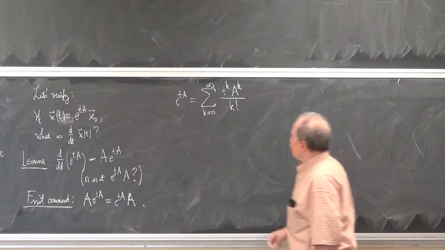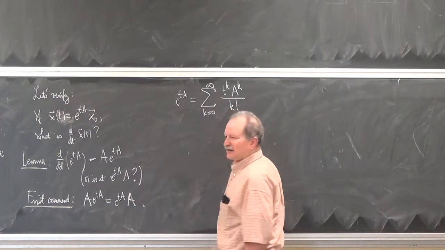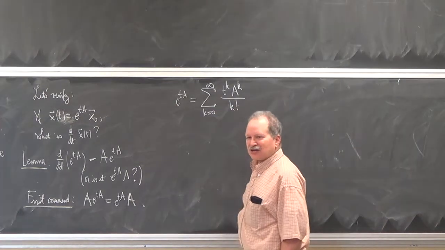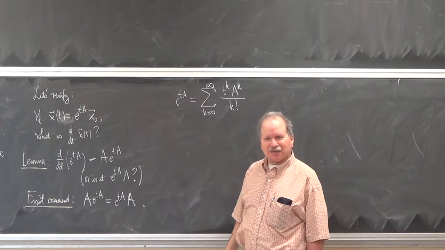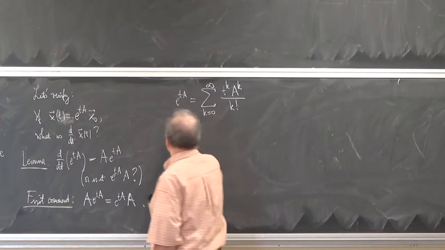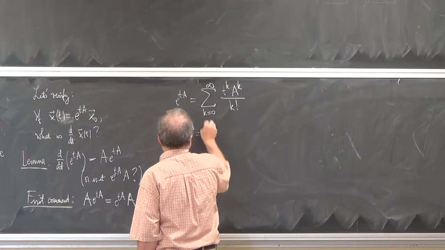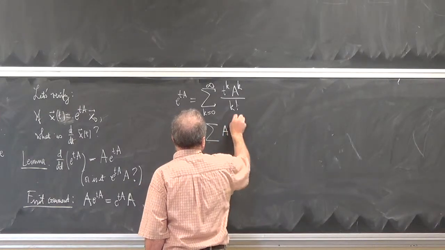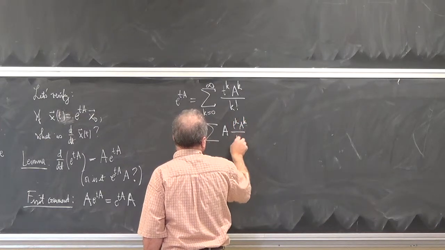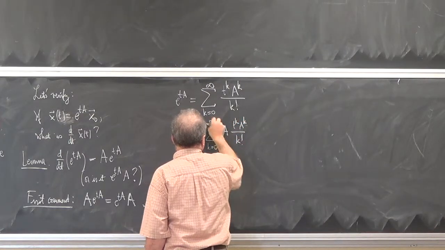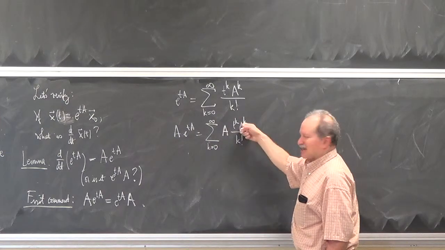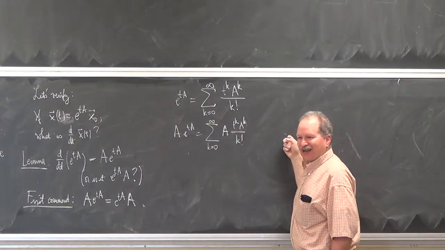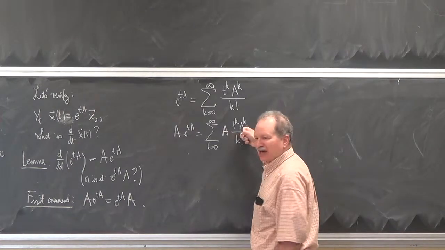So if I wanted to multiply by an A, seems like I could just distribute it, as long as it certainly works for finite sums, right? The t will go out and this is just A to the k plus 1, and I can then pull the A out on the other side. A commutes with A to the k.